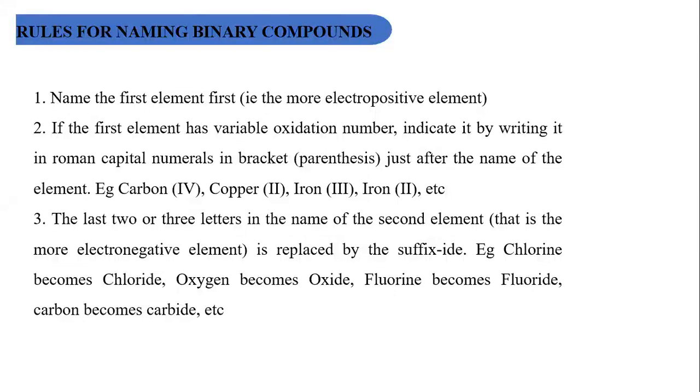Again, if we were doing elective chemistry, I'd be telling you that element will have a higher electron affinity than the first element. That element will have more love to accept electrons than the first element will. So that element has a better ability to form negative charges. Those are the elements we refer to as the more electronegative element. The last 2 or 3 letters in that element's name are replaced by the suffix IDE.